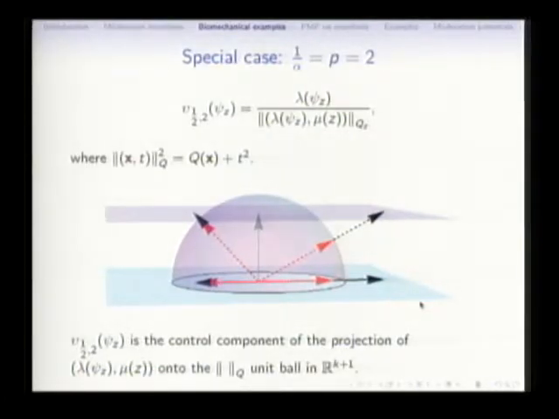Just take your auxiliary variables, flip them across so that they're living in the control space. Now lift that up to control moderation space, and you have a vector here. Then project that vector, that is, renormalize, onto the unit sphere in control moderation space. And then take that rescaled vector and project it down to control space.